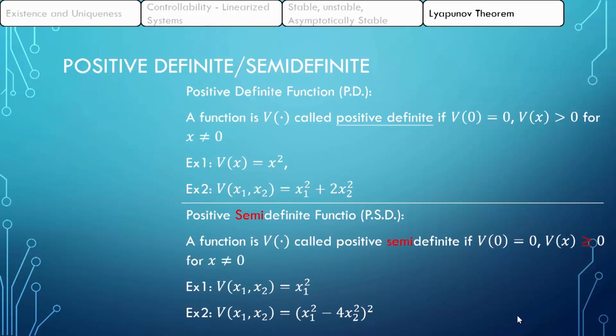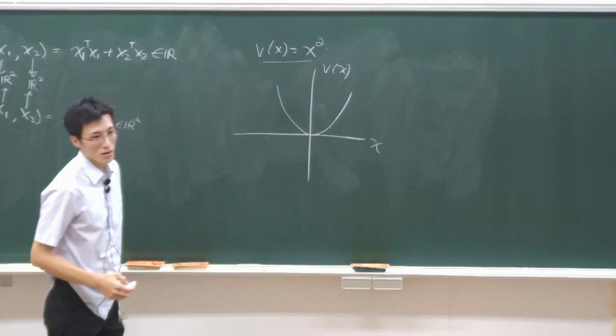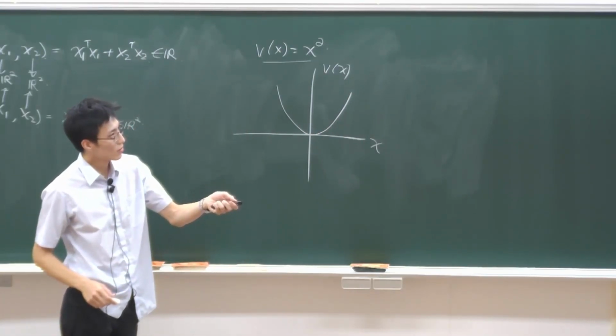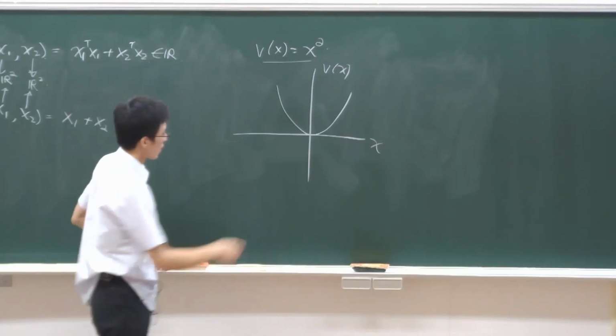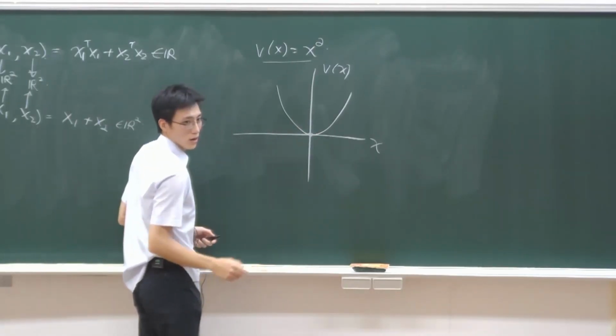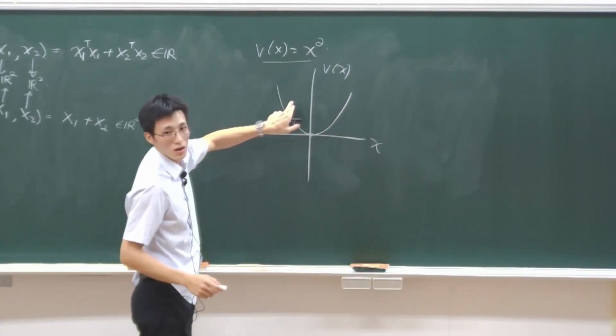Can you imagine the function? The value is 0 when the argument is 0, and anywhere not 0, it is greater than 0.